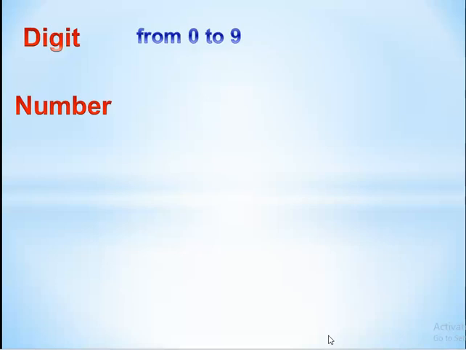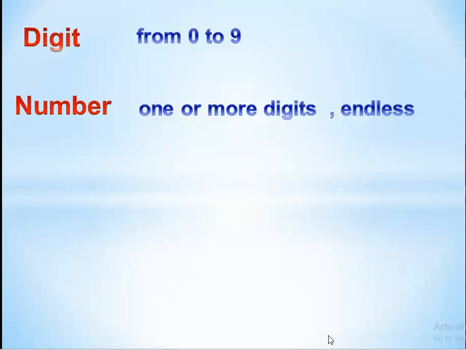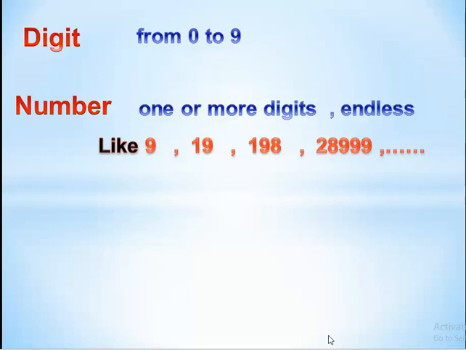Okay, what about the number? A number is one or more digits, and it's endless. In a digit we said that it's from 0 to 9, but a number is endless, like 9, 19, 198, and so on.